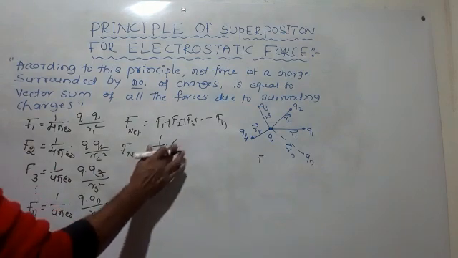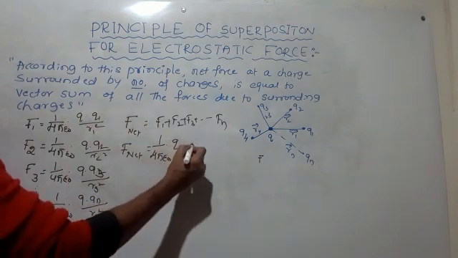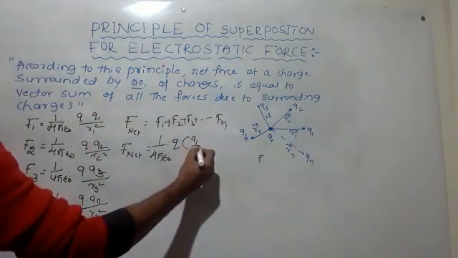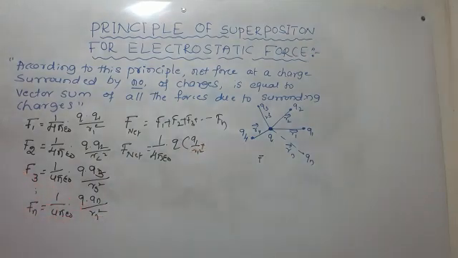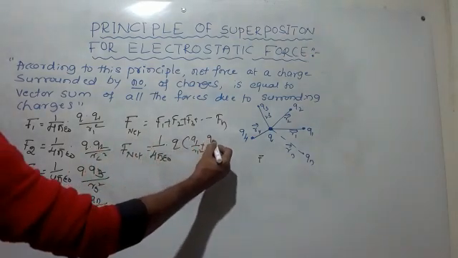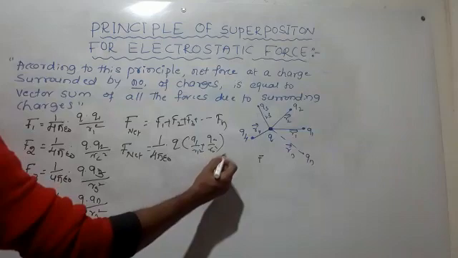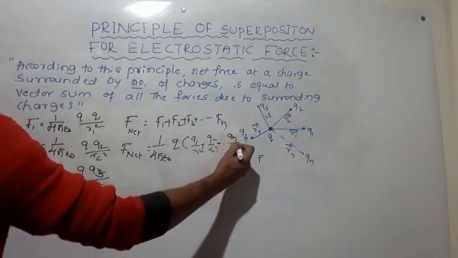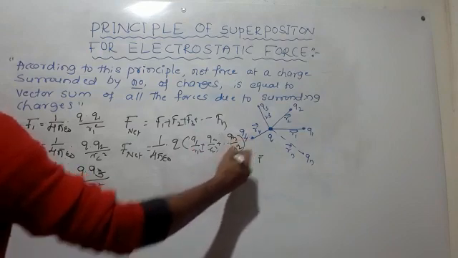The remaining, you can even take that Q also outside, Q into, now what is remaining in each term? Q1 divided by R1 square, plus Q2 divided by R2 square, plus so on up to Qn divided by Rn square.